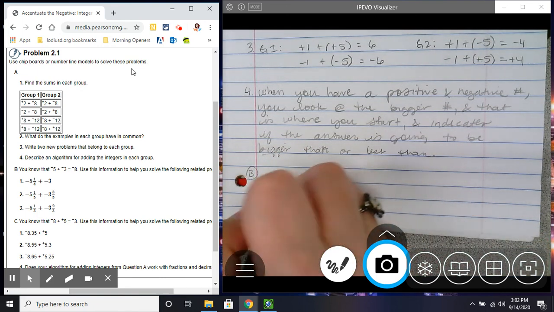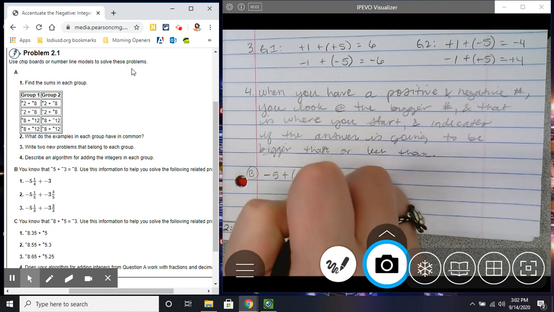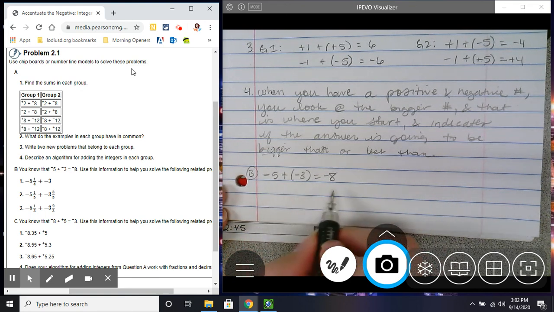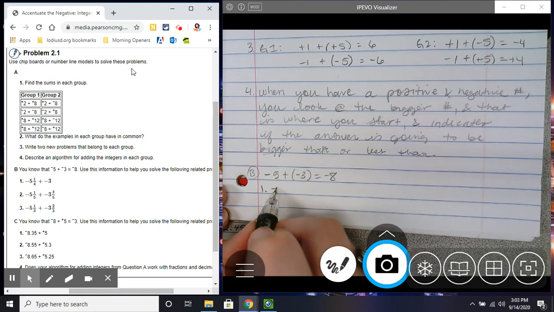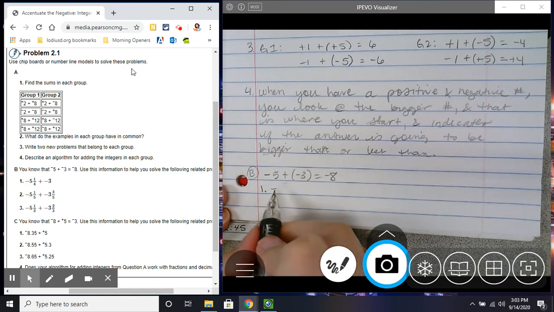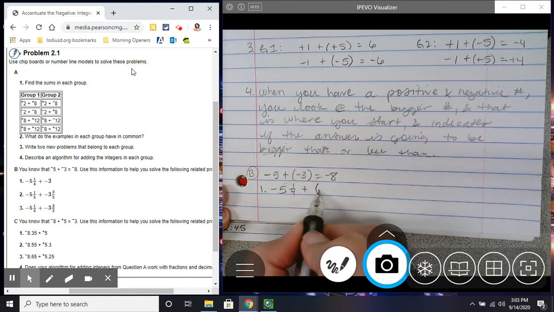Part B, you know that -5 plus -3 equals -8. Use this information to help you solve the following related problems. So this is jumping into mixed numbers, which you may or may not be comfortable with. So for number 1, it's -5 1/4 and -3.